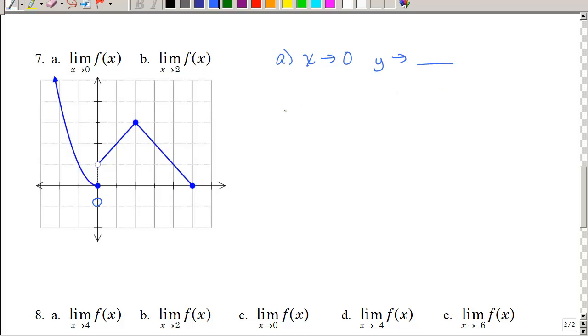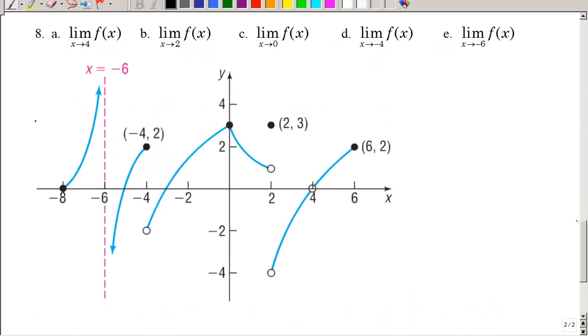I'm going to let you fill that in. And on part B, as x approaches 2, y goes to? What are those answers? Hopefully you got does not exist here, and you got 3 for that one.